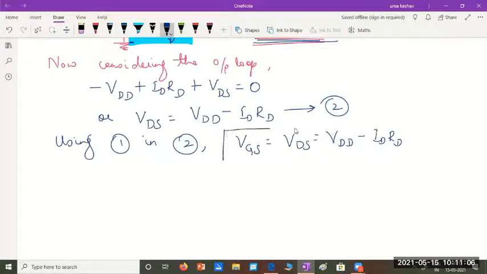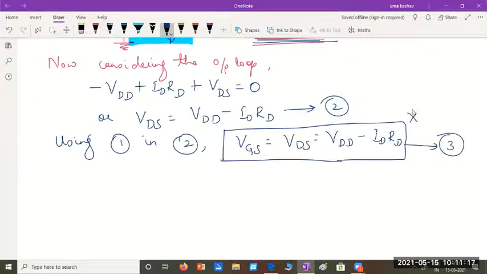So please remember, this is the basic defining equation for this feedback bias or the drain to source bias. Okay. So this is the important defining equation or the design equation which we are going to use. So according to this, why we are interested in this equation?